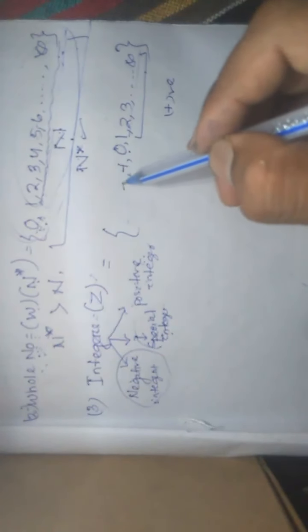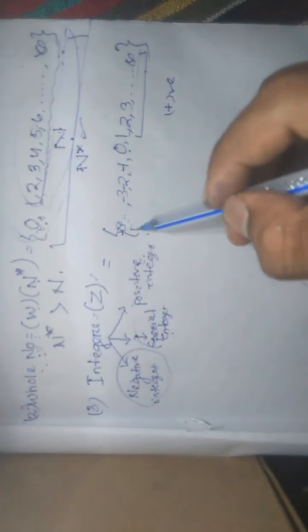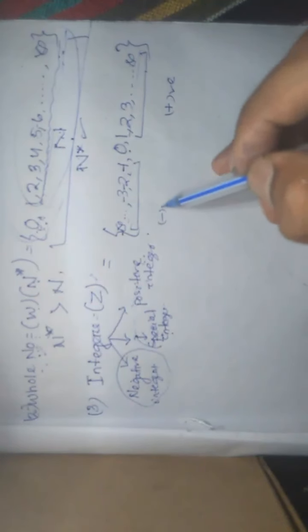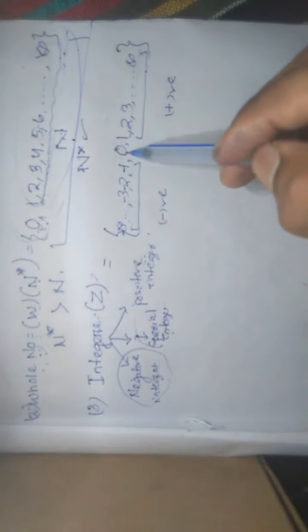The negative integers start from -1, -2, -3 and end at minus infinity, and these are known as negative integers. Clear? So we can say the integers contain 0 at the middle, positive integers towards its right, and negative integers towards its left. So this is the total set of the integers.